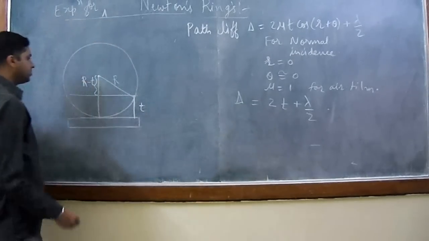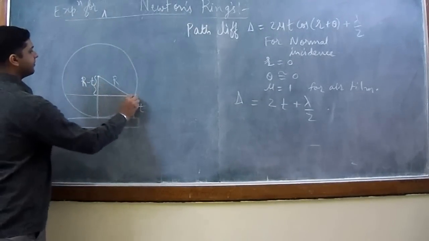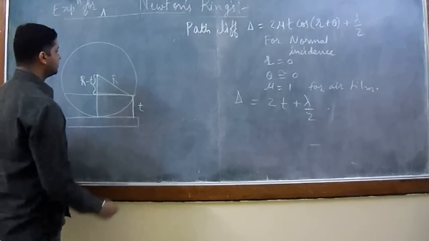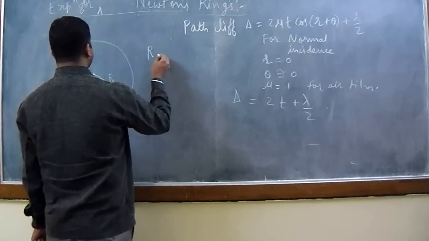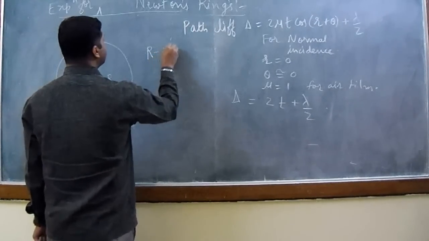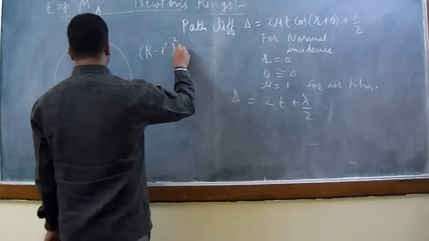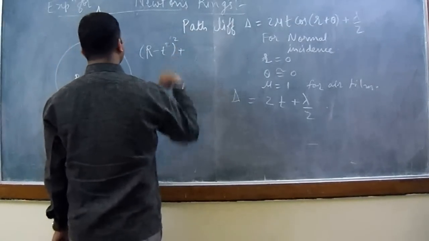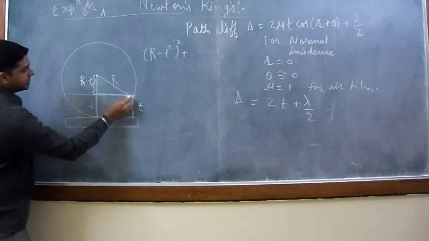Now look at the geometry of this figure. Here if we apply the Pythagoras theorem, we can write (R minus t) whole squared plus rho squared, where rho is the radius of the Newton's ring produced at this thickness t.